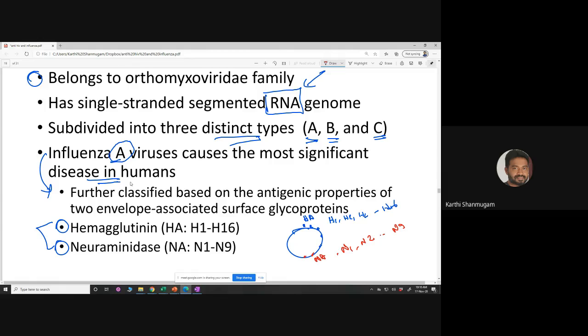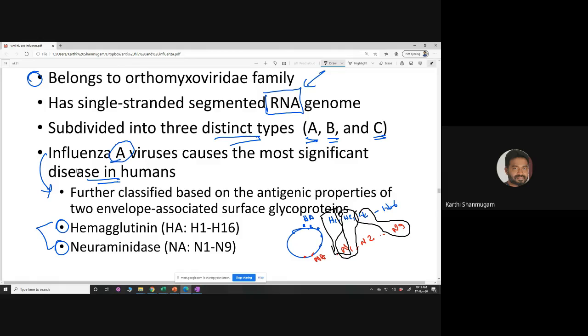If H1 and N1 are present in the virus, then that virus should be called H1N1 virus. If H2 and N9 are present, we call it H2N9 virus. If H2 and N1 are present, then H2N1 virus. This is how we can name these viruses.